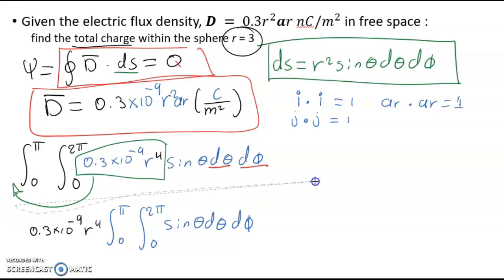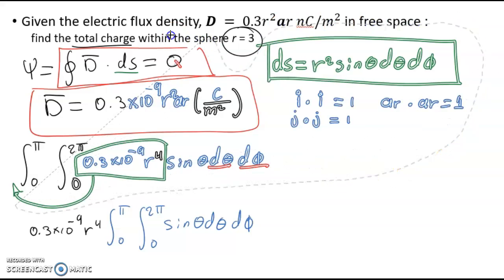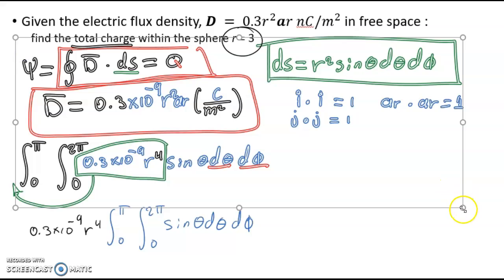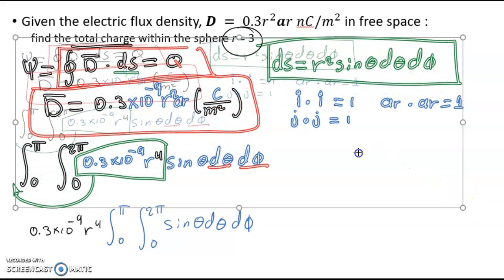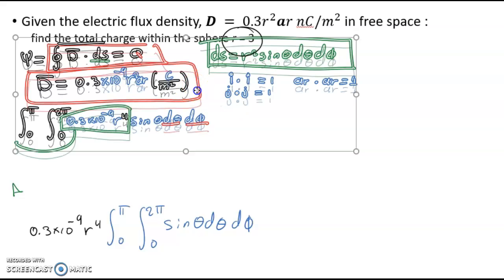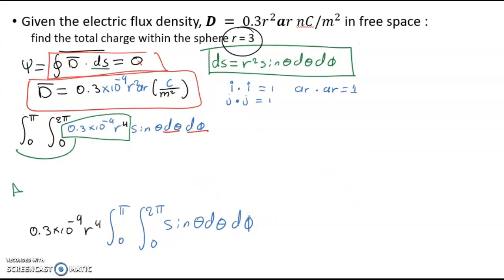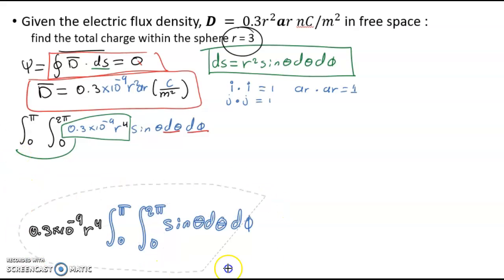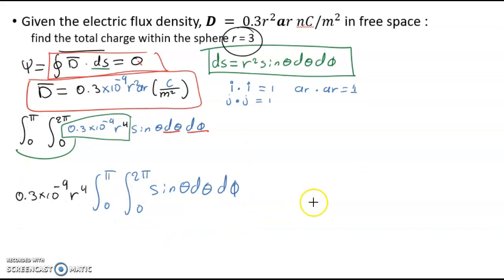Let's reduce everything here a little bit so we can make space to keep solving. Now, we will take this element and start integrating from the easiest. Which is the easiest? Well, this one, the integration of phi, which only contains d phi. That means the integration is phi evaluated from 0 to 2 pi.